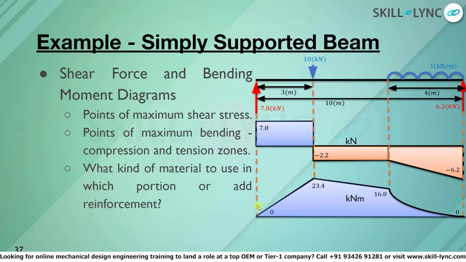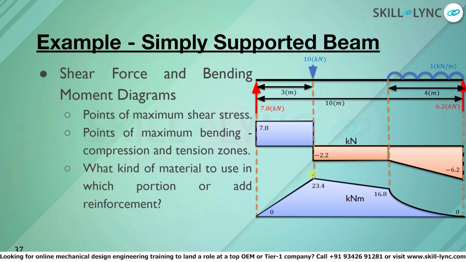In the bending moment diagram, we can see that the maximum bending occurs at the 10 kilonewton load. This means that at this section the beam will experience maximum bending. This gives us an idea of what kind of material can be used in which section of the beam and if there is any necessity of adding reinforcements in any of these sections.